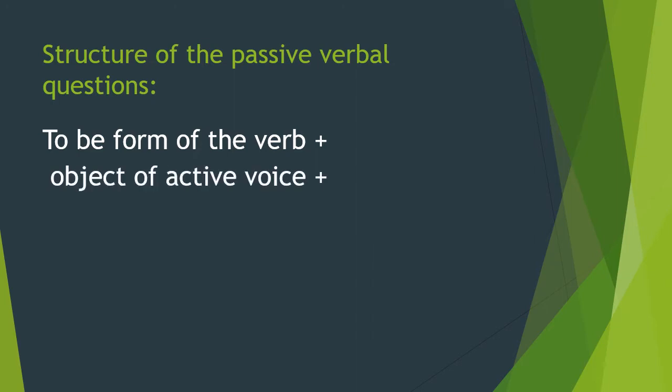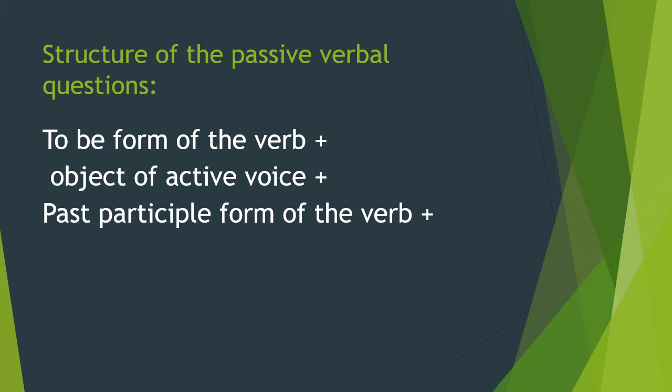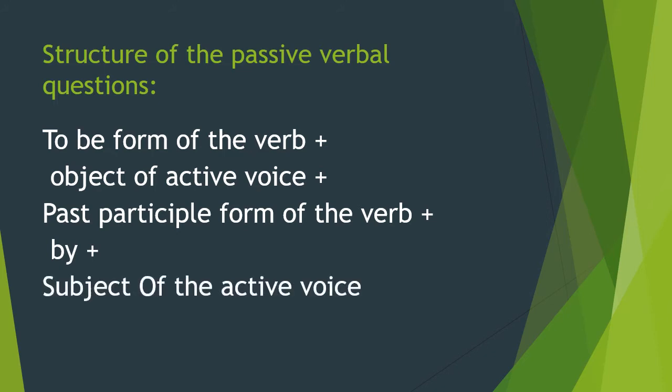In the active sentence, whatever be the object, that should come. Then comes the past participle form of the verb. Then comes the preposition by. And then comes the subject of the active voice.